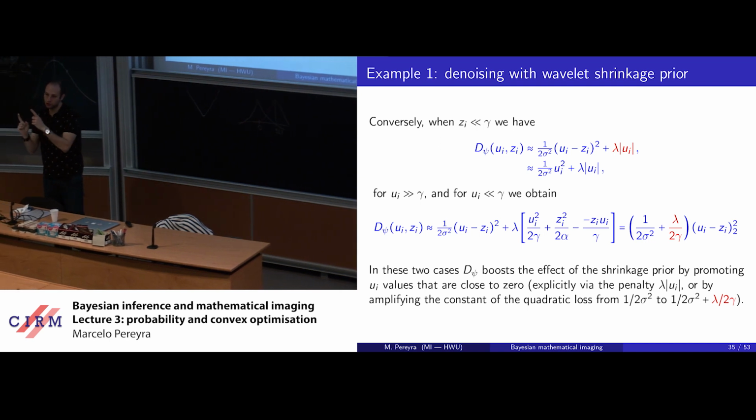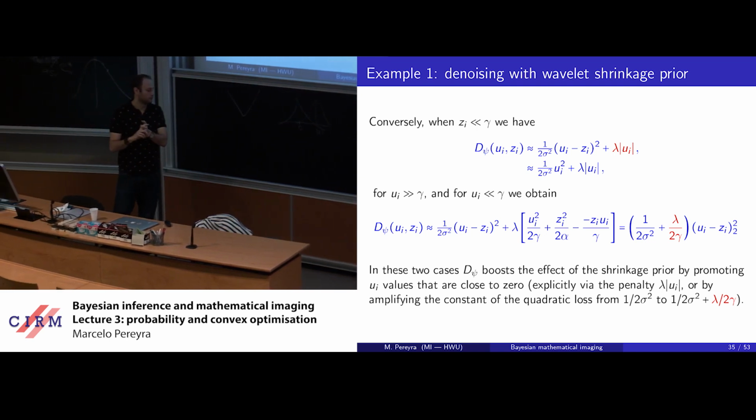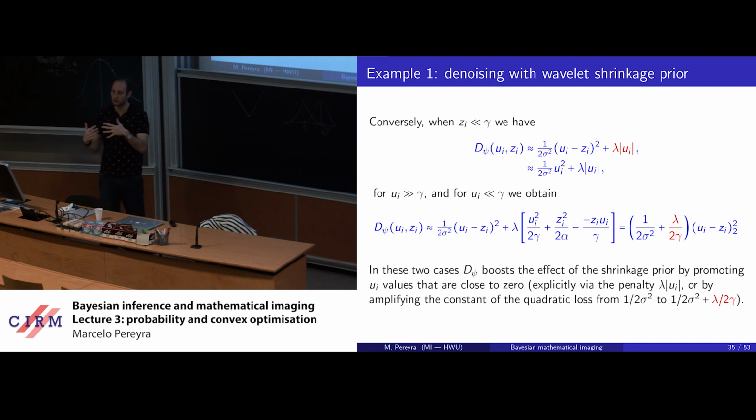But when your model promotes small values of z, when you compute your estimator and decide how to summarize all those values, which one to choose as your summary, it turns out that your loss function amplifies shrinkage.